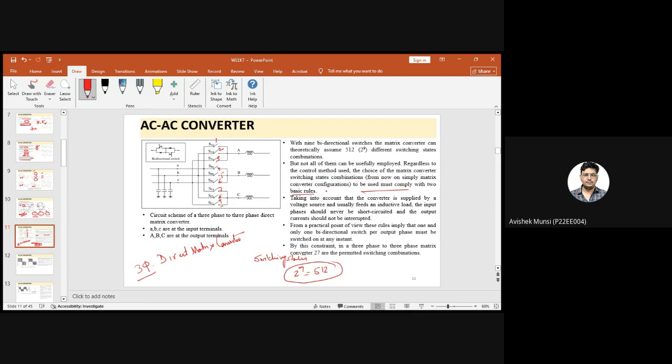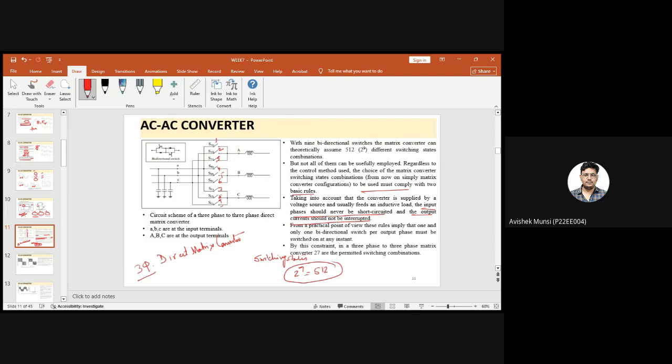The input phases should never be short circuited and the output current should not be interrupted. Okay. From a practical point of view, these rules imply that one and only one bidirectional switch per output phase must be switched at any instant.